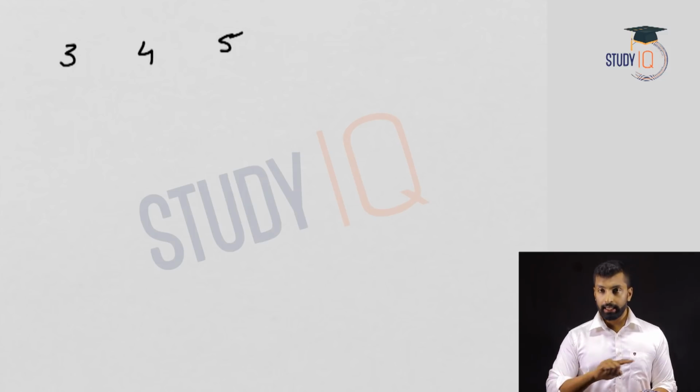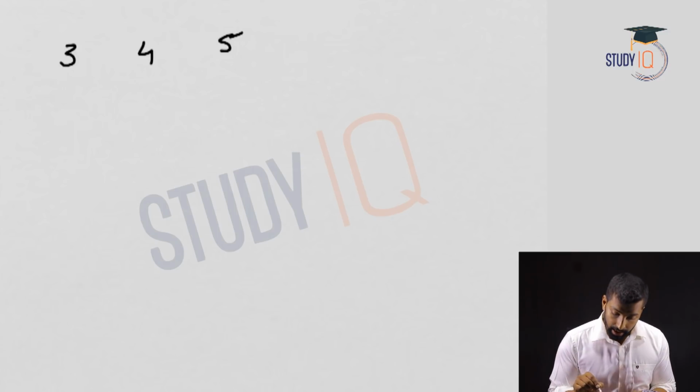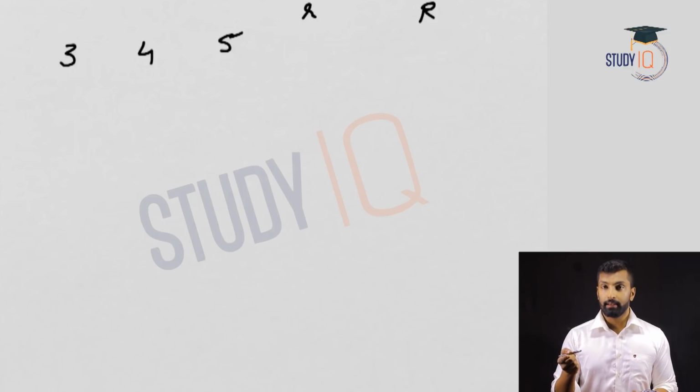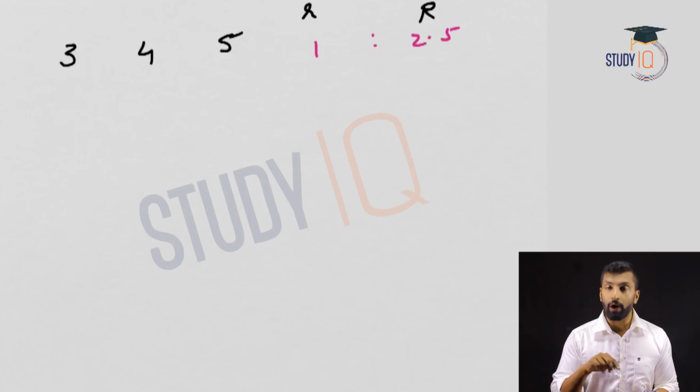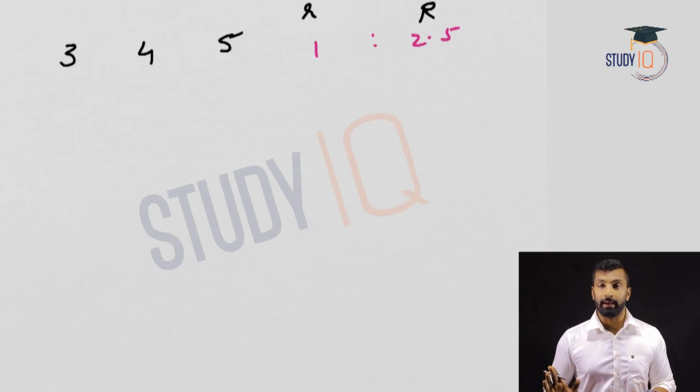See, the moment you see right angle triangles, it's like 3, 4, 5. Three sides are given, 3, 4, 5. I give you the ratio of the inradius and outer radius. The ratio will be 1 is to 2.5, and this ratio will be maintained.